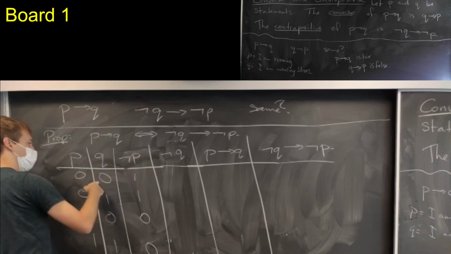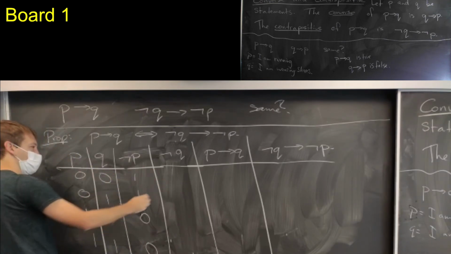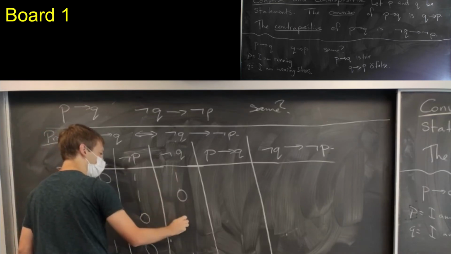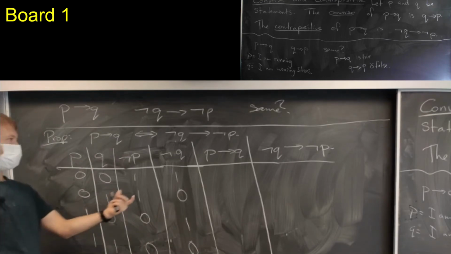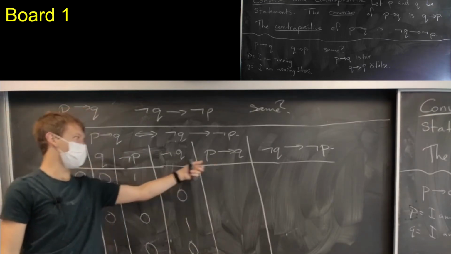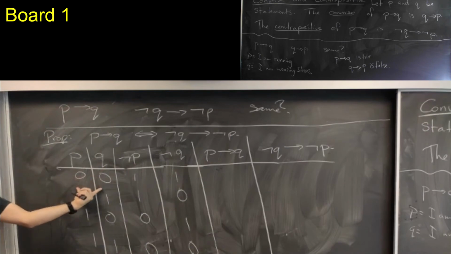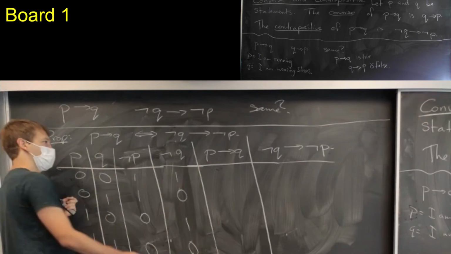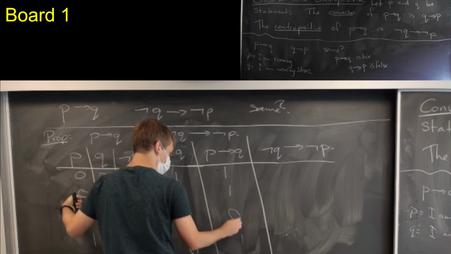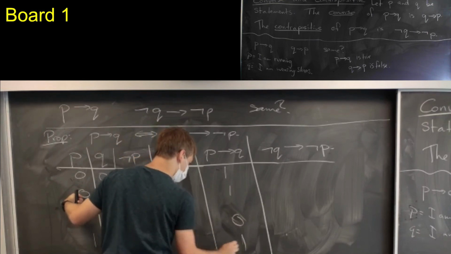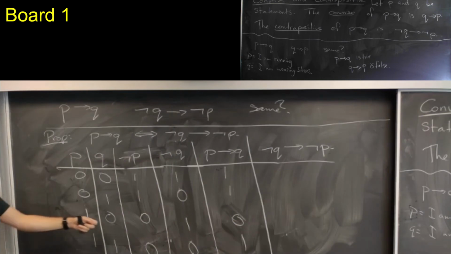Not Q, so this goes 0, 1, 0, 1, I should go 1, 0, 1, 0. Now for this one, I need to look way back at my original two columns. P is false, so 1, 1. The third one is 0, 1, because the third one is P is true, Q is false.